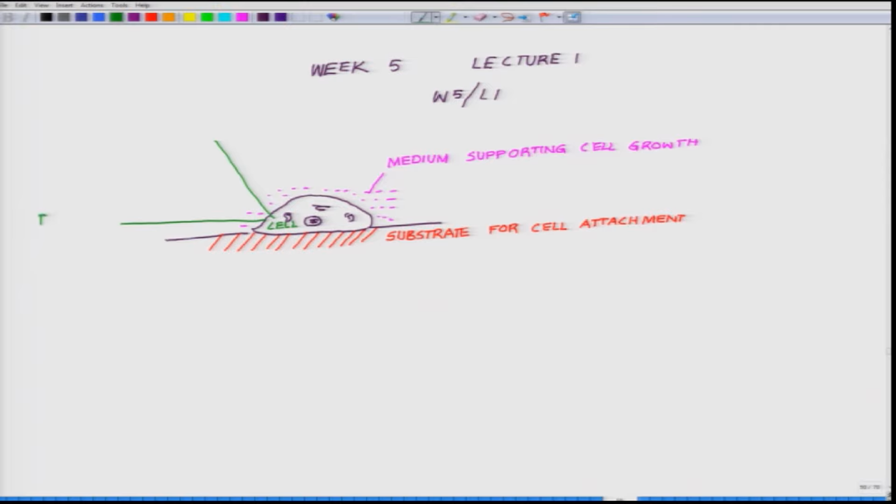It could come directly from an animal, which we call a primary cell, directly from animal, whereas you have cell lines, which are derived from animal and subcultured.